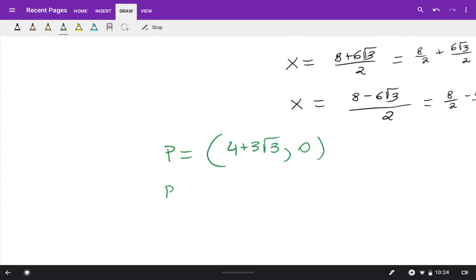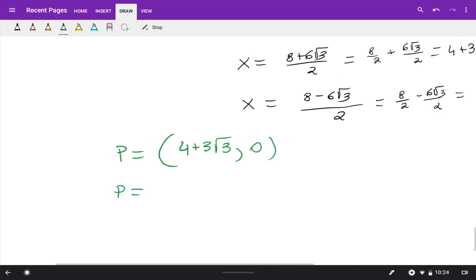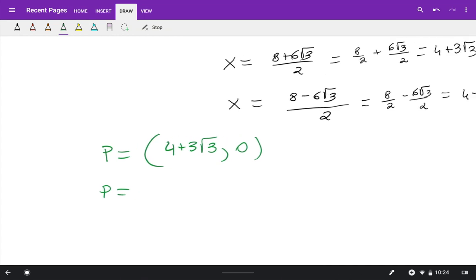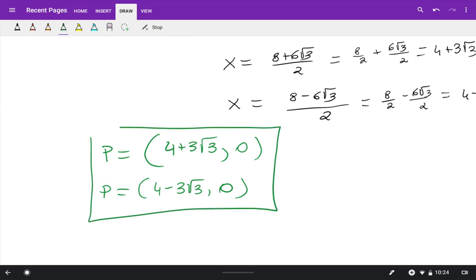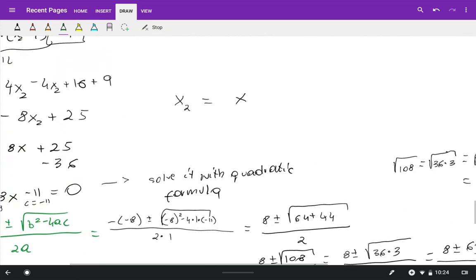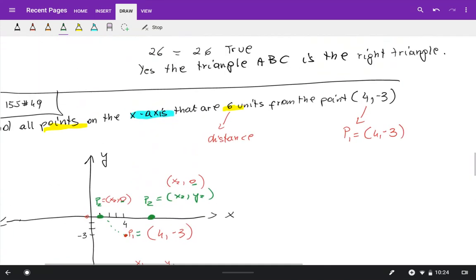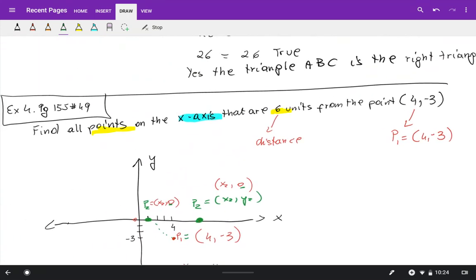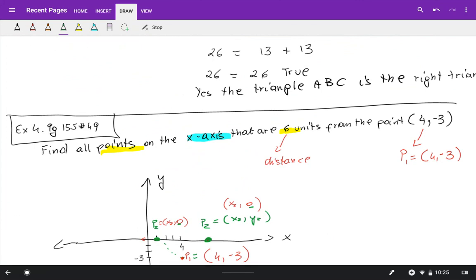And the second point on the x-axis, which is 6 units away from the given point, has coordinates 4 minus 3 radicals of 3, comma 0. So we find those two points. Okay, that's what we find. So we got two solutions because there are two points which are 6 units away from the given point. And again, in that problem, they tell you that they have to be on the x-axis.